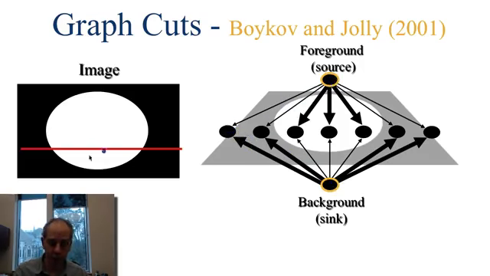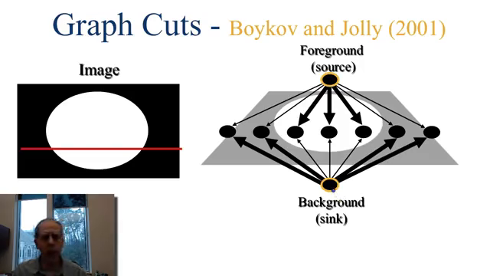So for every pixel in the image, we look at that node, and we say, what's your probability of being foreground? And we connect that to the source with the weight related to that probability. That's the weight of the edge. And then we ask, what's your probability of being background? And we use that probability to define the weight of the edge that connects to the background sink.